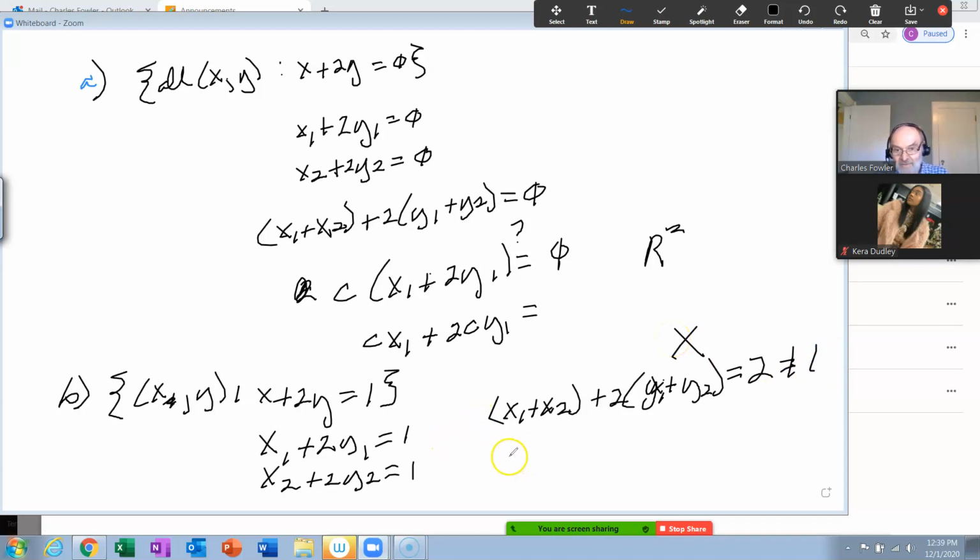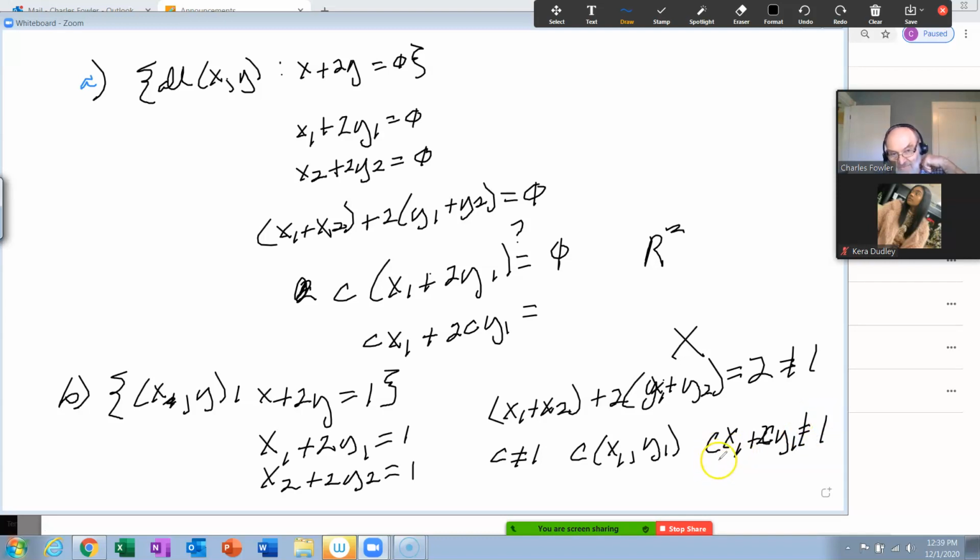The easier one would be to multiply by c, and as long as c is not equal to 1, for any other c in the world, c times x1, y1 would not fit the bill, because it would be cx1 plus 2c y1, which would not be equal to 1.